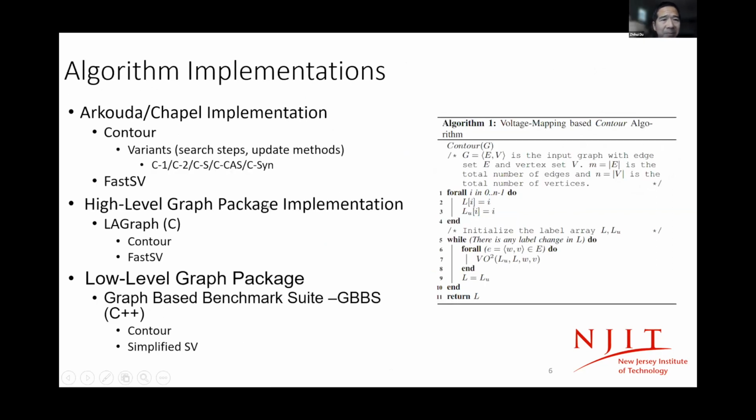We have implemented our algorithm in different packages and languages. First, we integrated it into CUDA.